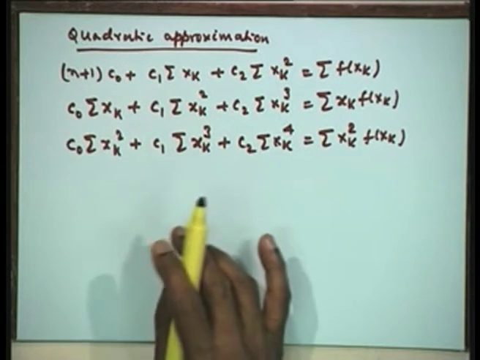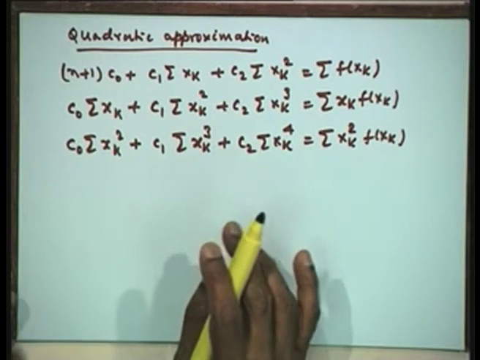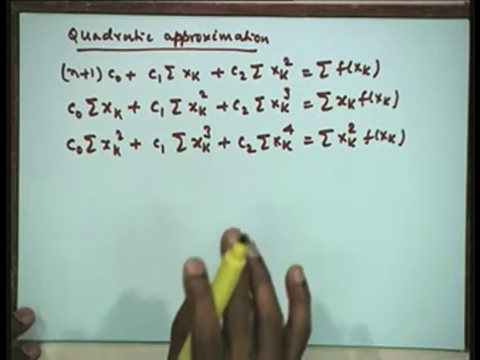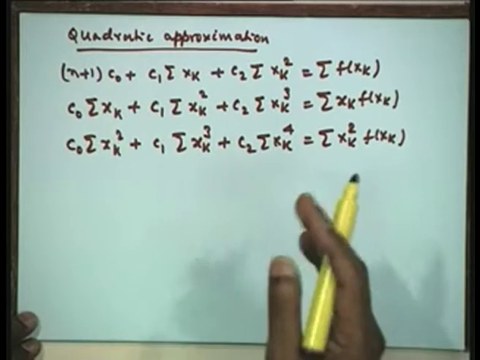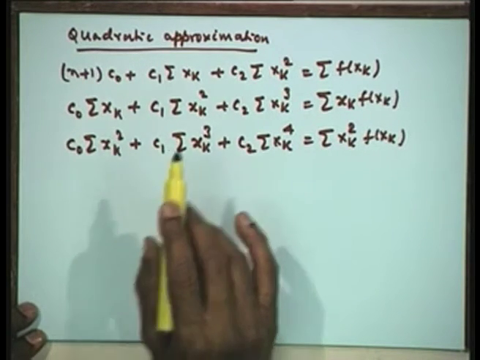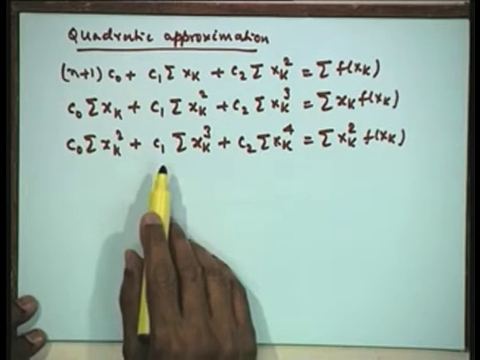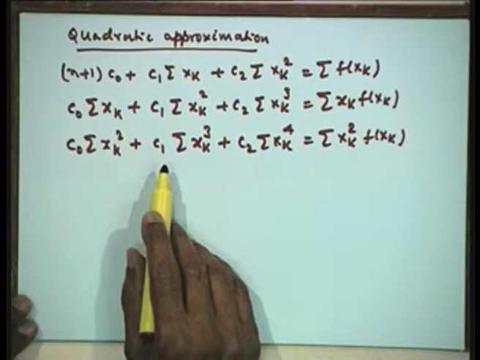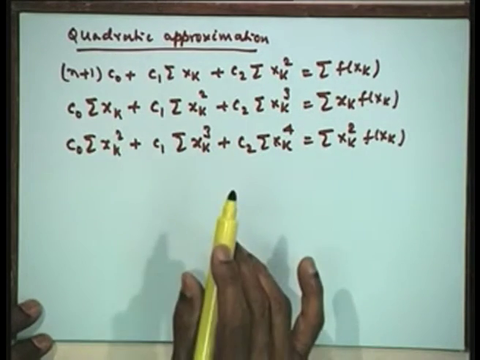That means, the solution is prone to the effect of the round off errors, that even if you have minor round off errors in any of these numbers, the cumulative effect of that will be destroying the solution. So, the disadvantage of high degree polynomial approximation is that the system of equations is ill conditioned. Therefore, we do not normally use beyond a degree 3 or 4 in the least square approximation.